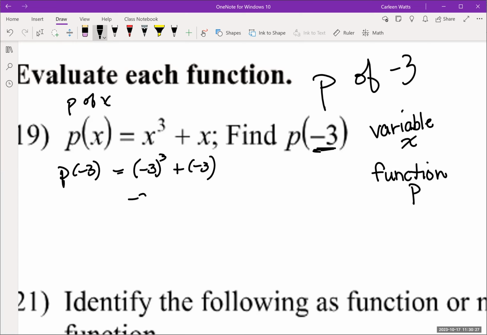Practicing with your calculator, you get -27 plus -3. In your head, -27 plus -3, same sign sum, will give you -30. That's fine. On a test, use a calculator. Don't lose points because you were being admirable and doing it in your head.